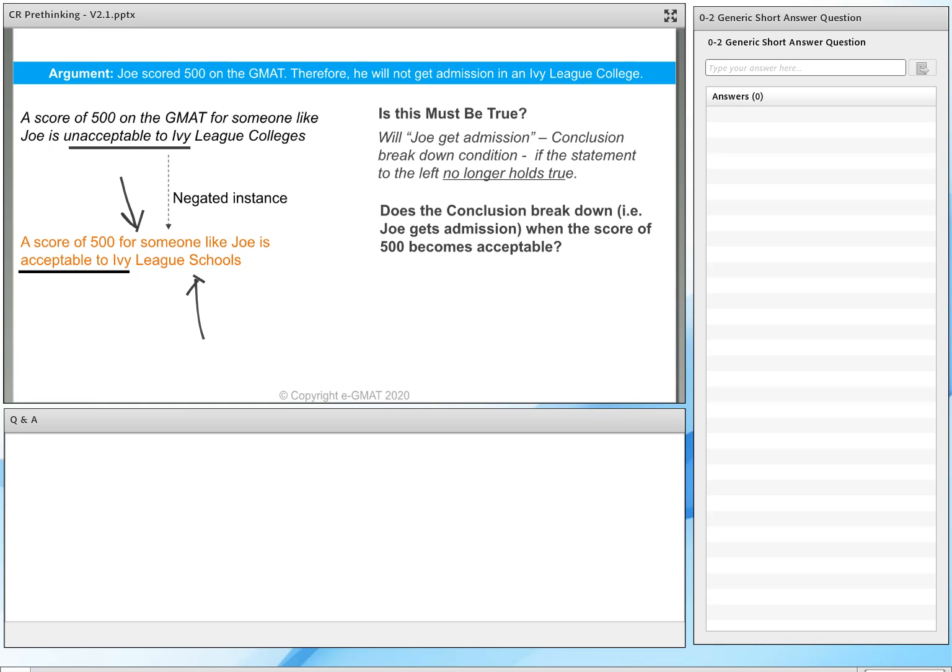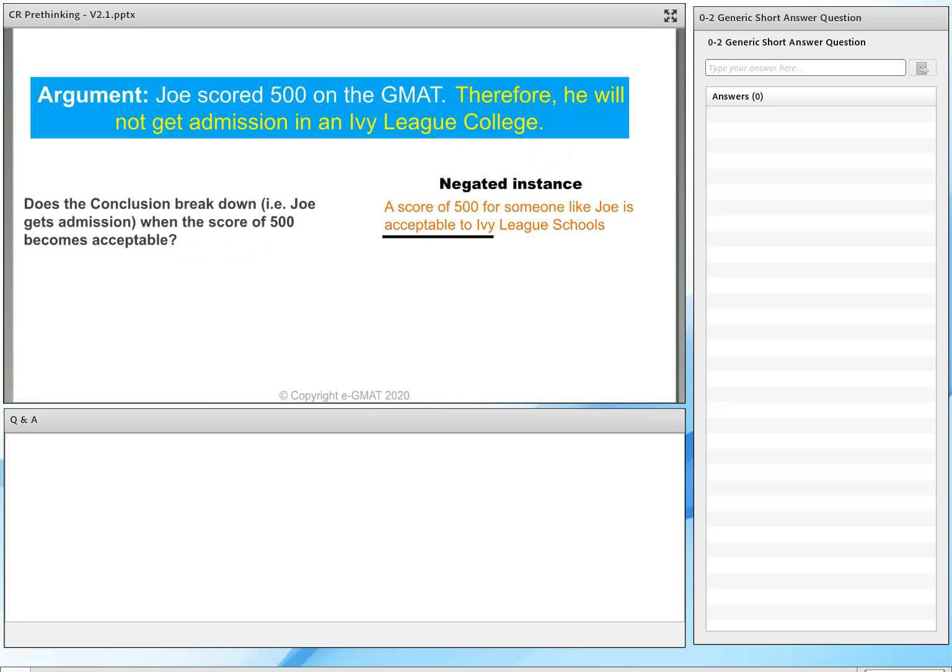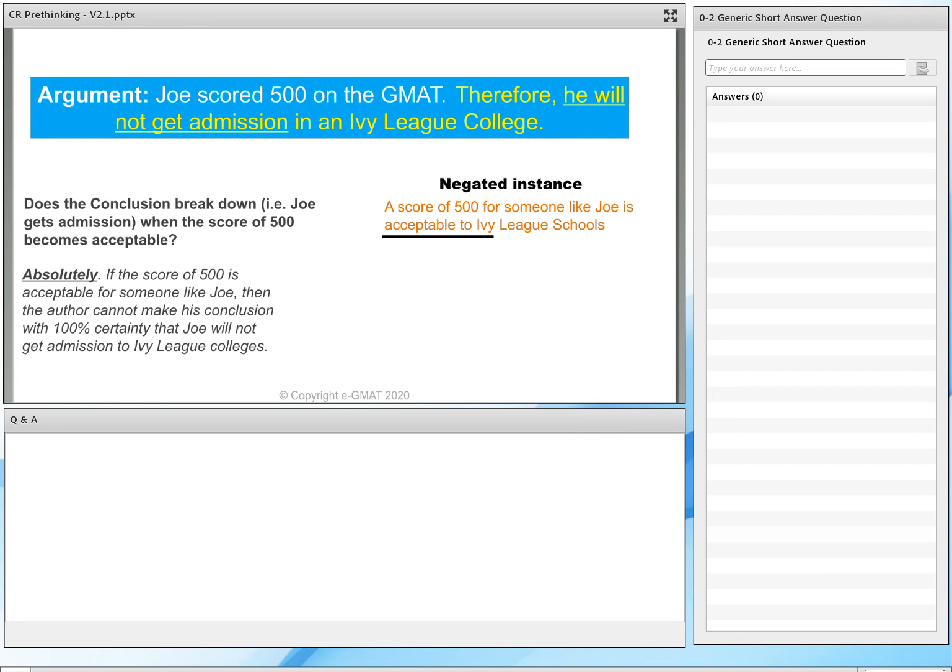This aspect becomes a possibility. Now, when this aspect becomes a possibility, does my conclusion break down? Absolutely, it does break down. Why? Because if this becomes a possibility, then the author cannot say with 100% certainty that Joe will not get admission into an Ivy League college.